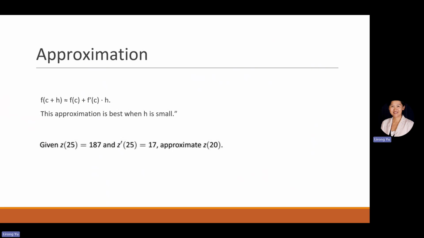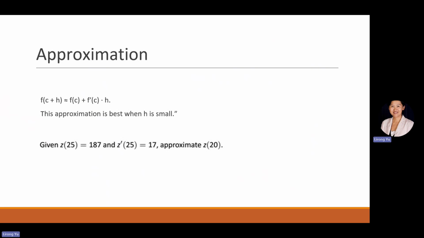The change plus the old value gives you the new value, which is the estimated value. We're calling it f of c plus h here. But consider using the tangent line as a way to memorize this formula. Another way to think about this is the new y value is the old value plus the change, and change can be estimated using the rate of change multiplied by the change of the x value.